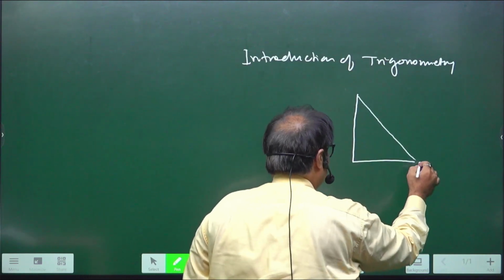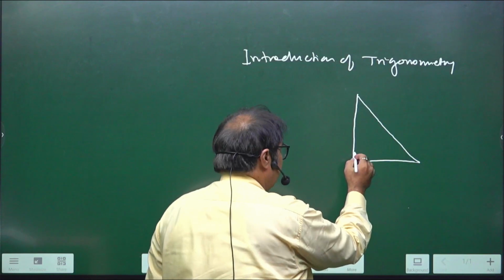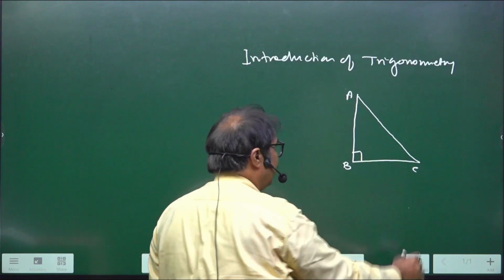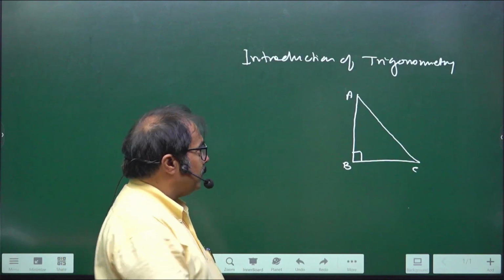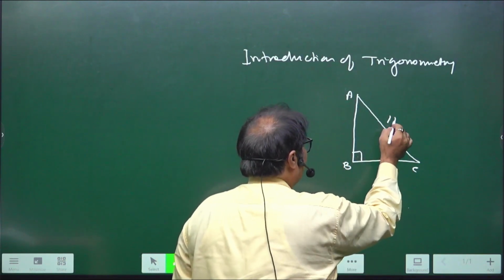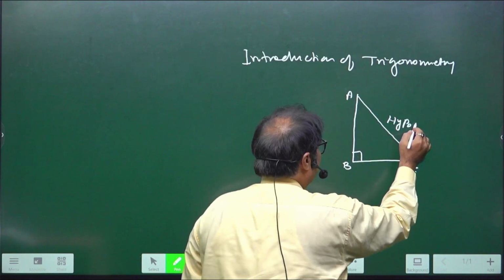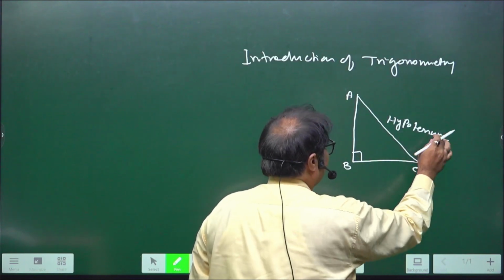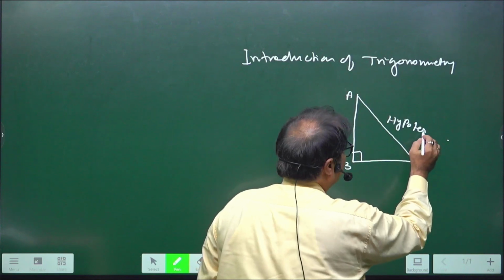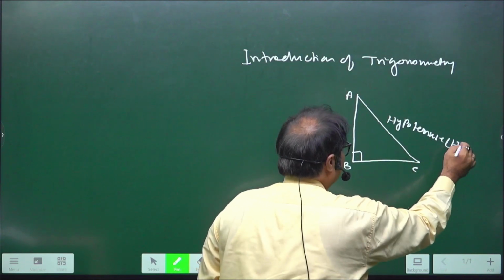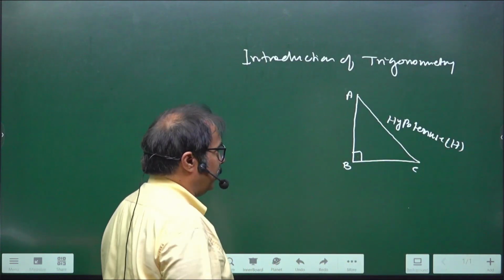which side in a right angle triangle ABC. Suppose this ABC is a right angle triangle. So the side opposite to the right angle is always known as hypotenuse, denoted by capital H or a small h.